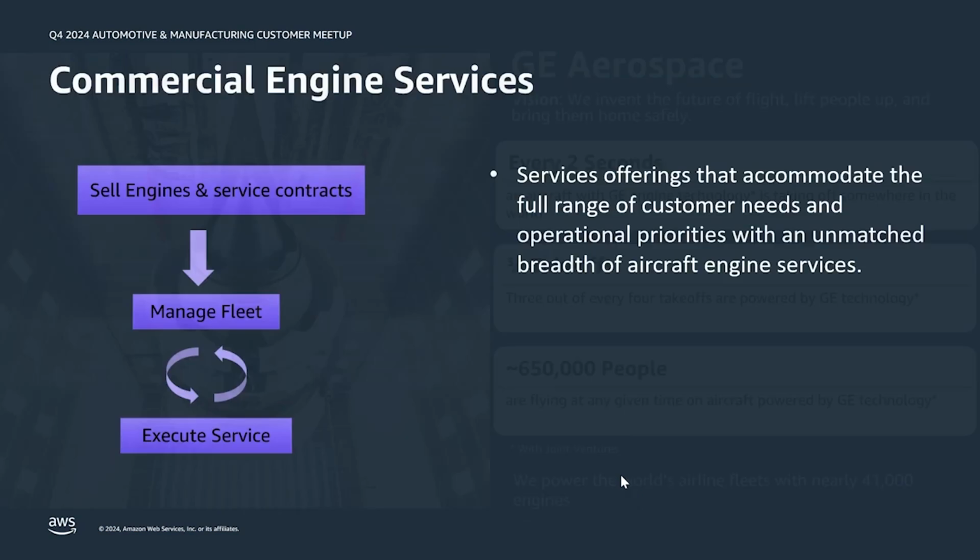In addition to manufacturing various engine portfolios, GE also has a commercial services department which provides comprehensive services to our customers that help them manage and maintain the aircraft engines and operate them efficiently.